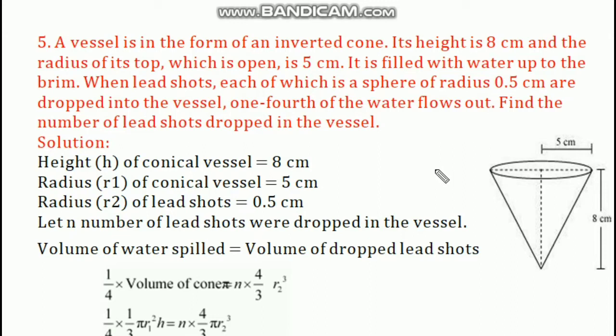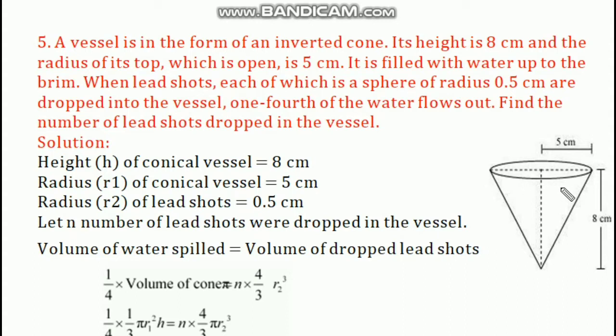Actually, we need to find out the number of lead shots required to flow out 1/4 of the water from the conical vessel. Then how to find this? For this, first we need to find the volume of water spilled from the conical vessel.